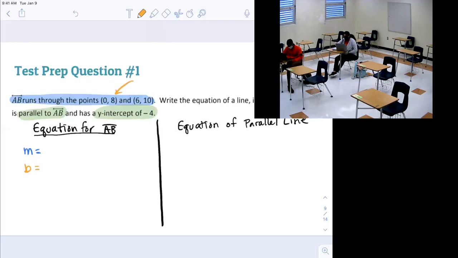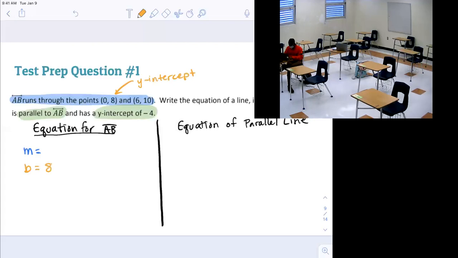Because what is that point? Notice what's important about that point. It doesn't have an X. That's how I know that this is my y-intercept, because it starts with 0. So I actually do know my B. I know B is 8.